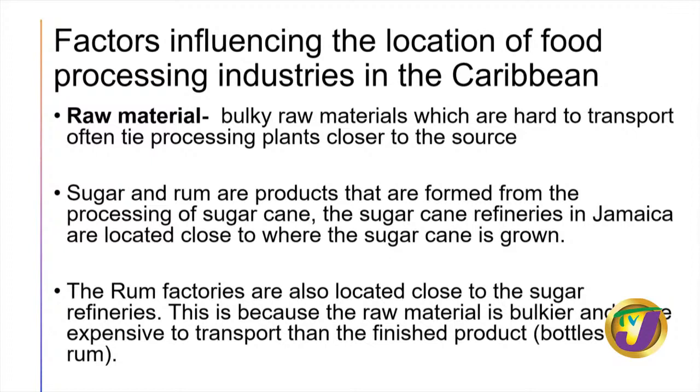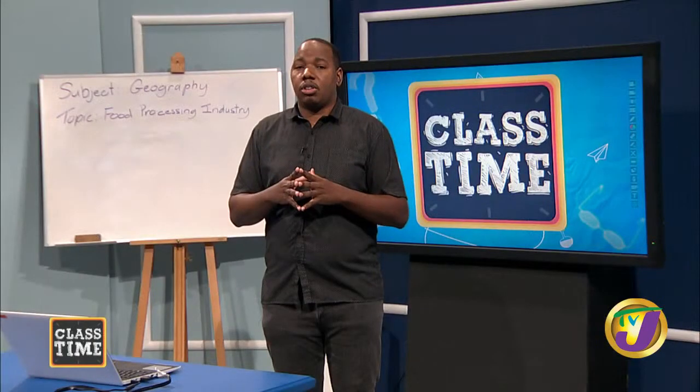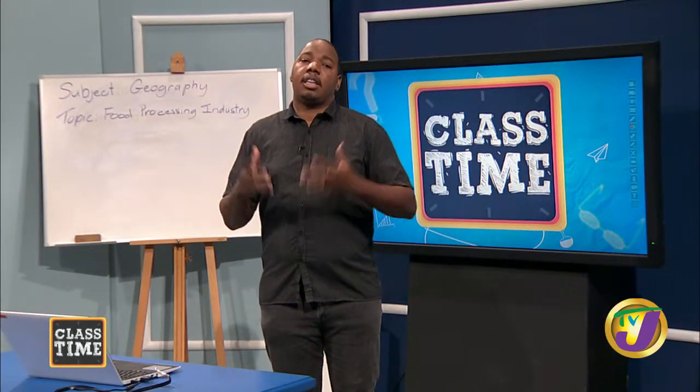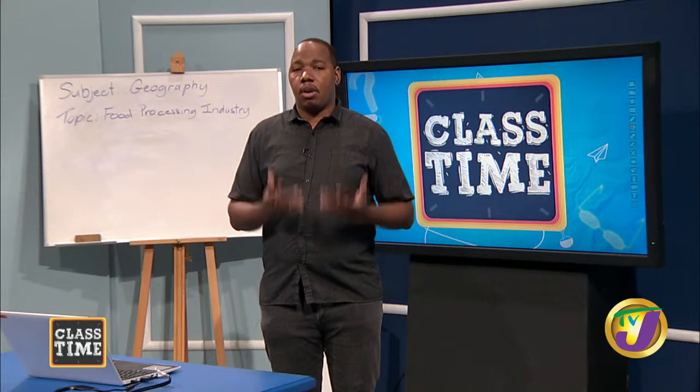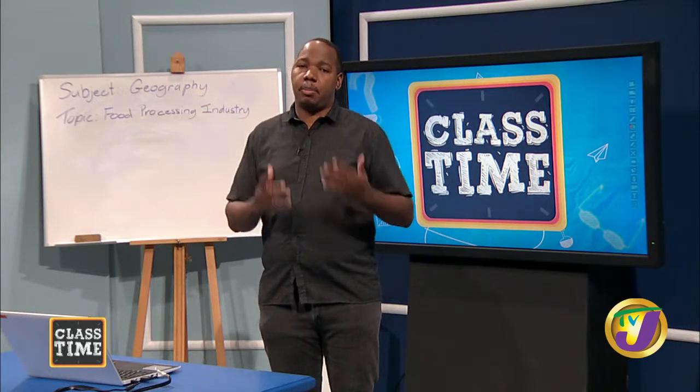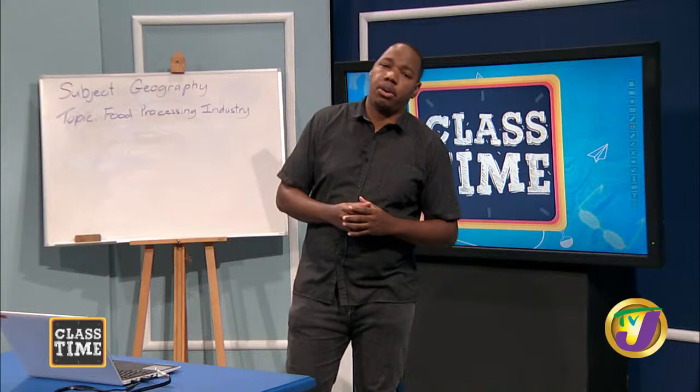But what I want you to understand is that if you look at most of our sugar plantations, a sugar factory is located on nearly all of them. Also, our largest rum factory, Appleton Rum Factory, is located close to the sugar factory, the sugar plantation, simply because that sugar cane is a primary raw material in that production process.